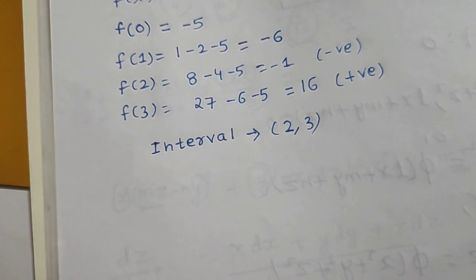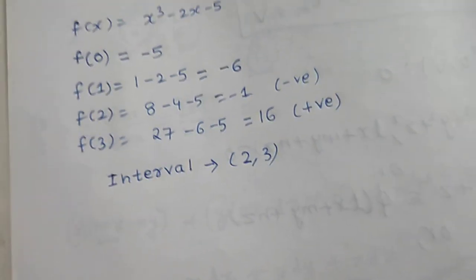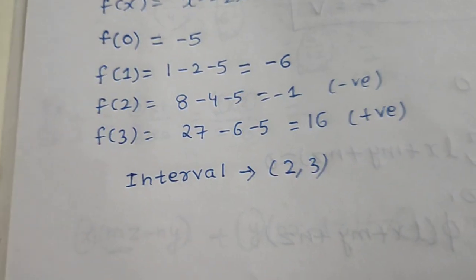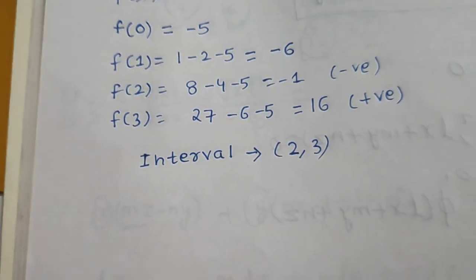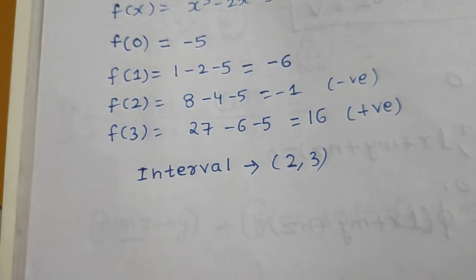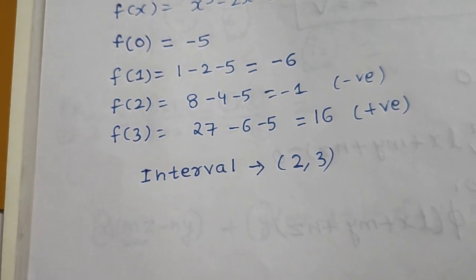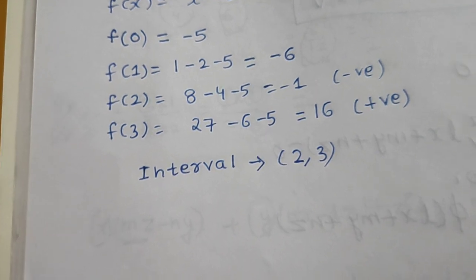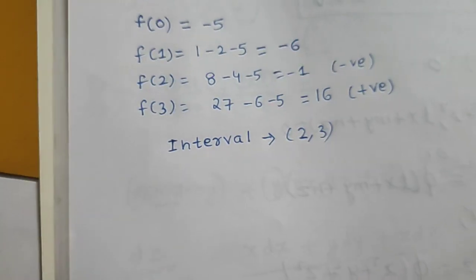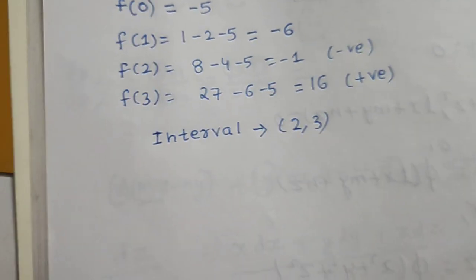Otherwise in some cases you have to go up to a dozen iterations, 12, 13, 14. That becomes irritating in some cases. So you can check for values at which point it is changing from negative to positive at first. So then you can do that, but for the first problem we are considering this interval only.